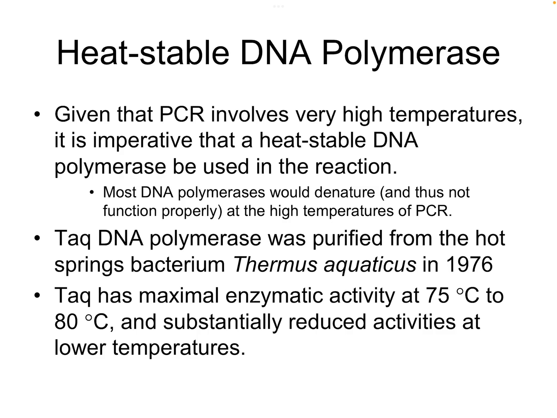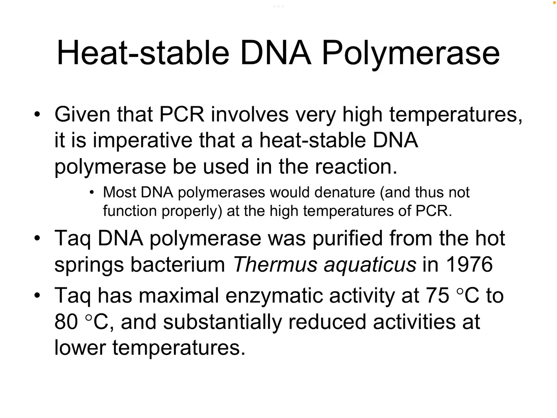Given that PCR involves very high temperature, it is imperative that a heat-stable DNA polymerase be used in the reaction. Most DNA polymerases would denature, because polymerases are proteins too. So we need to use a heat-stable polymerase.